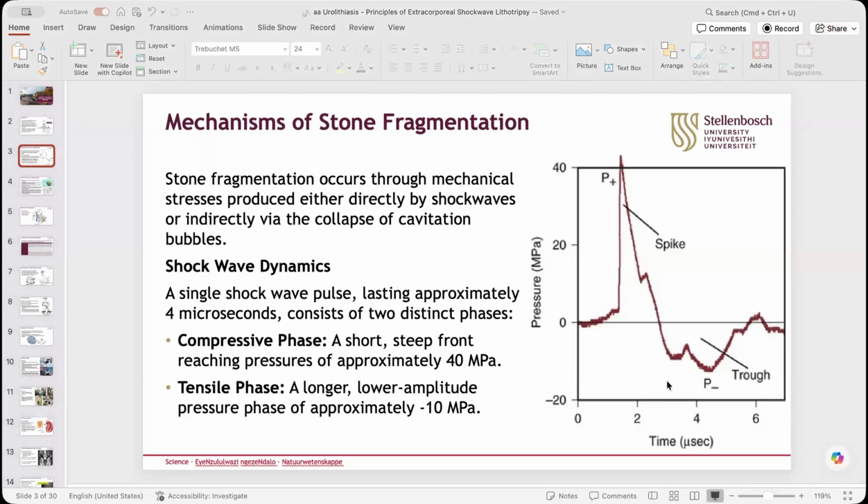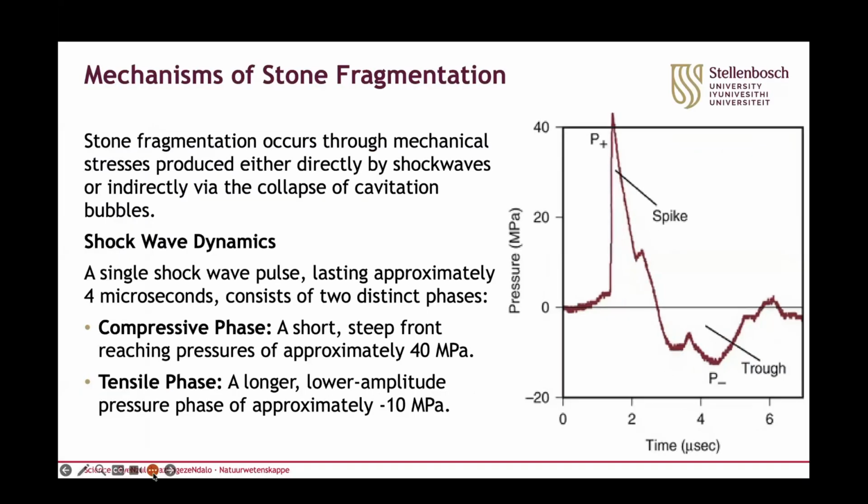Looking at the compressive phase, it has a short, steep front, reaching pressures of approximately 40 megapascals, whereas your tensile phase is longer, has a lower amplitude, with a pressure wave of approximately -10 megapascals.